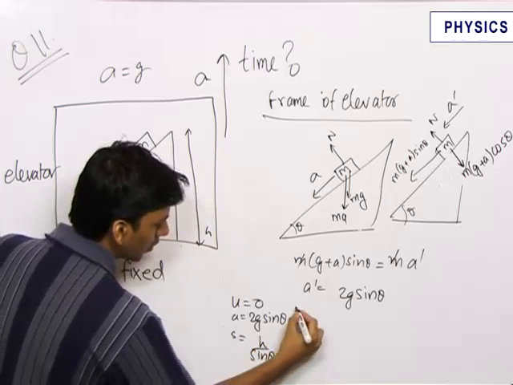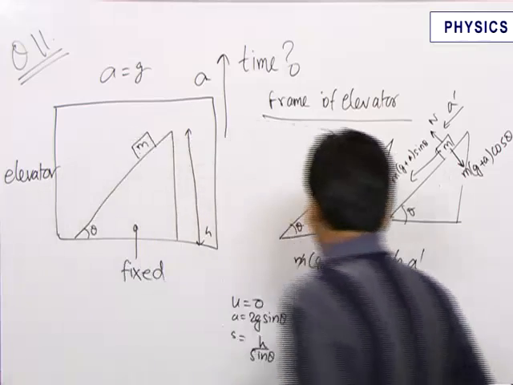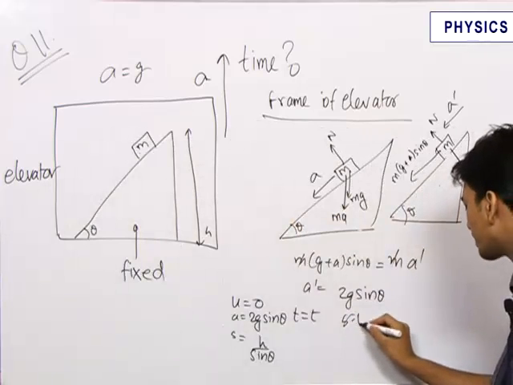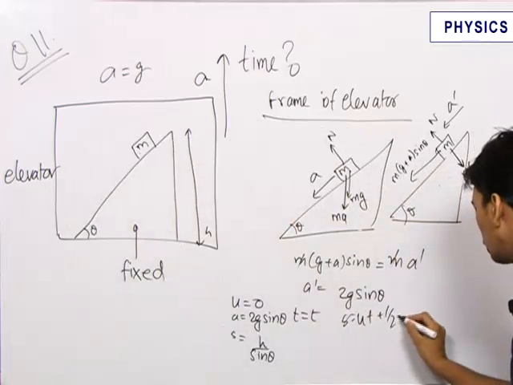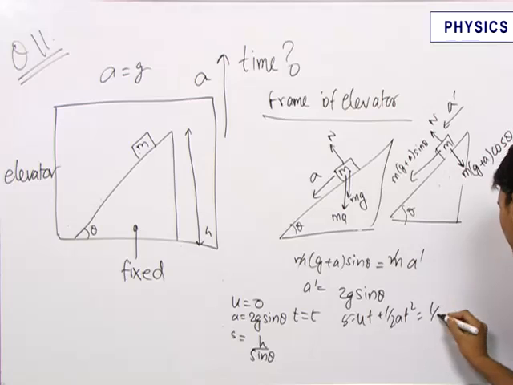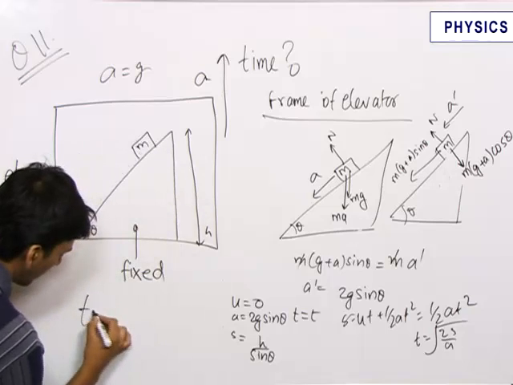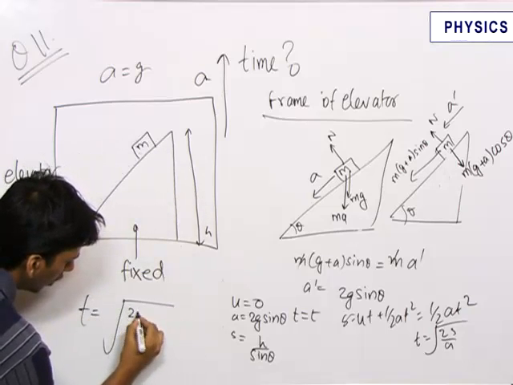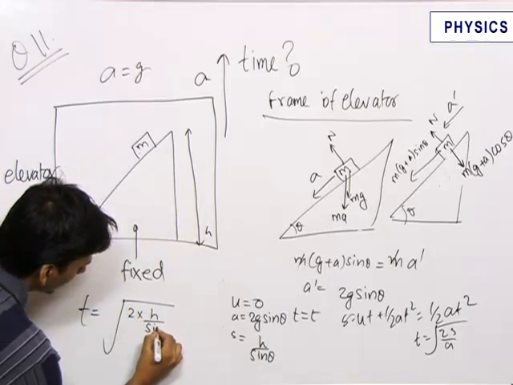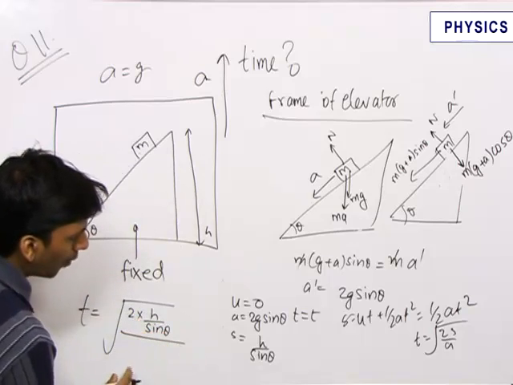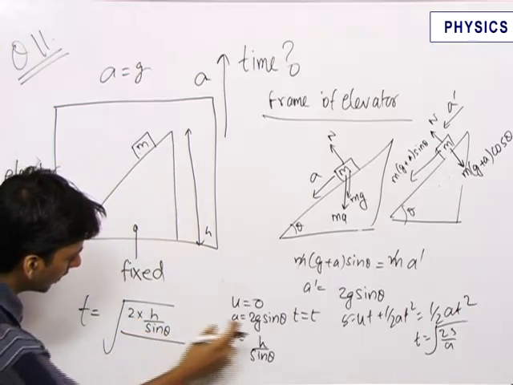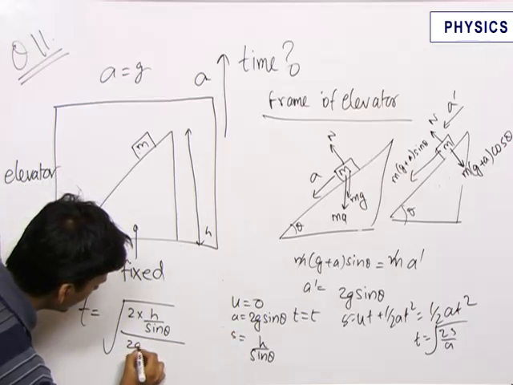Let the time taken be equal to t. We apply s is equal to ut plus half at square to get s is equal to half at square. Therefore t is equal to root over 2s upon a. Therefore the time is equal to root over 2 into h upon sine theta upon a, where a is 2g sine theta.